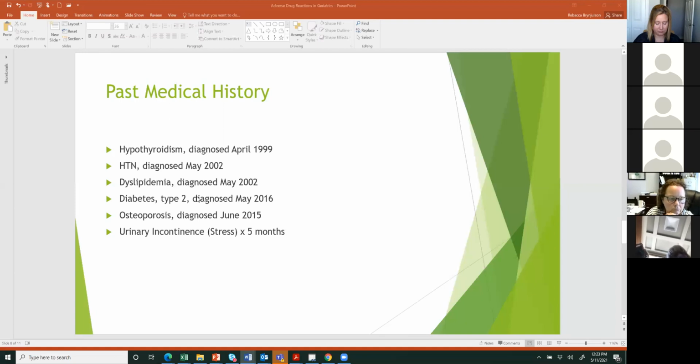We also can take a moment to stop and look at dyslipidemia. For this patient, she was diagnosed in May 2002. And since May 2002, there have been a lot of changes to what the recommendations are for primary prevention and how we approach treating patients for primary and secondary prevention.